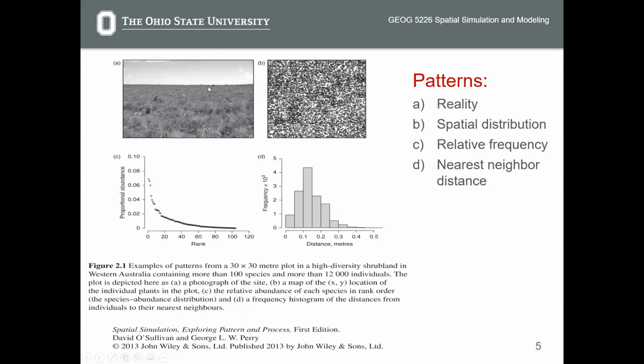Here is an example. We have 4 patterns here, but they're about the same area in the real world. Figure A is reality. It's a 30-meter by 30-meter plot in a high-density shrubland in Western Australia, containing more than 100 species and more than 12,000 individual plants.